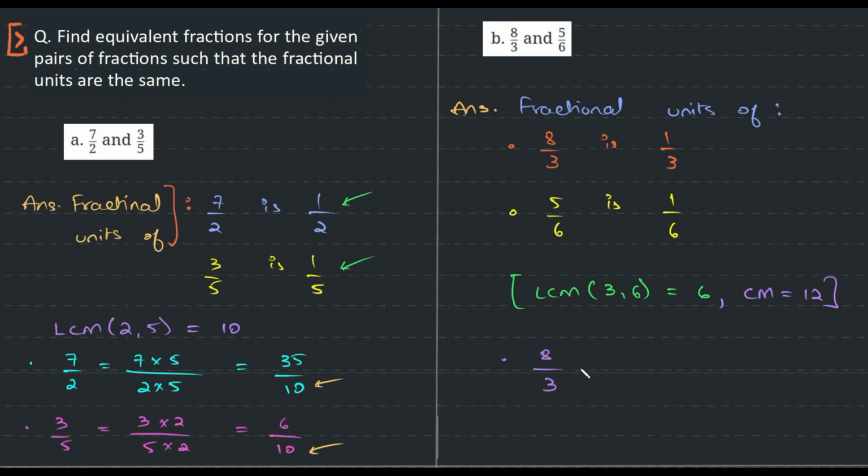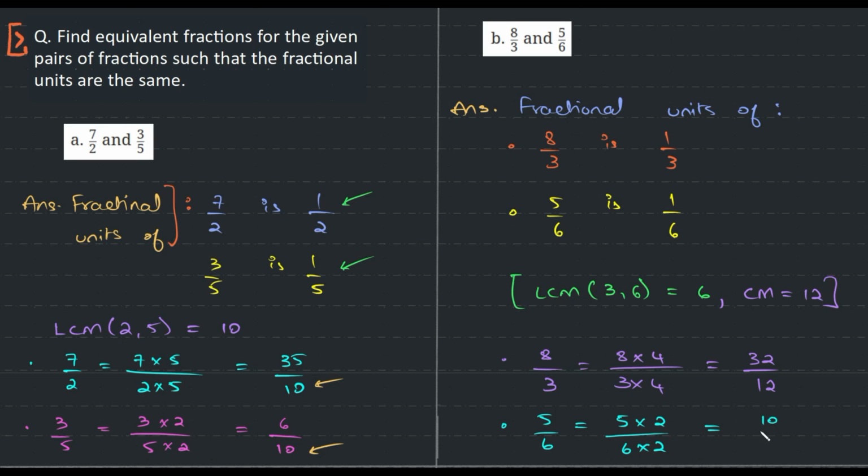So 8 by 3, we have to make 3 as 12. What should I multiply with? 4. And 8 4s are 32, 4 3s are 12. So 8 by 3 is the same as 32 by 12, and 5 by 6, 5 into 6 into what? 2.